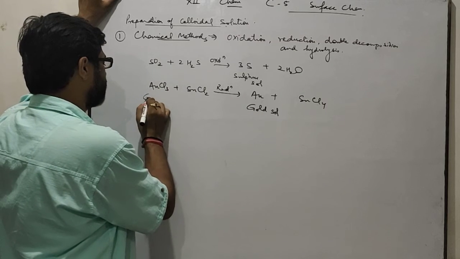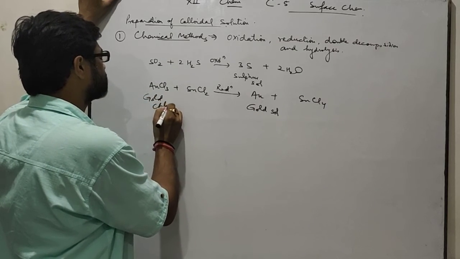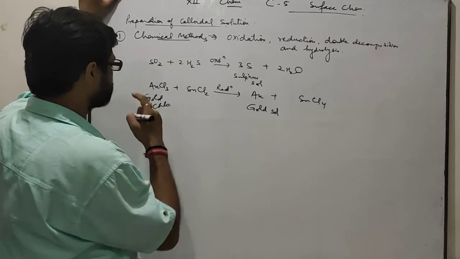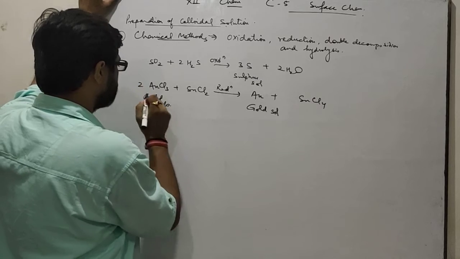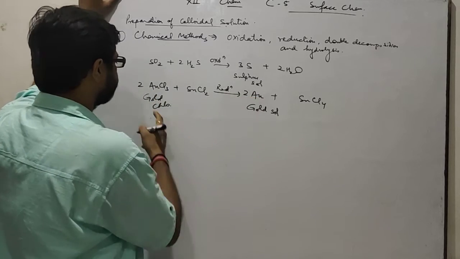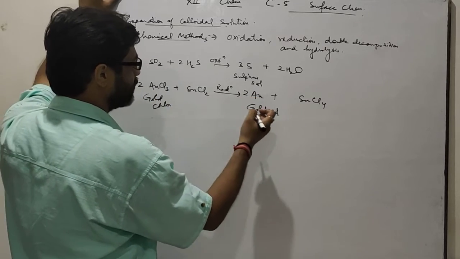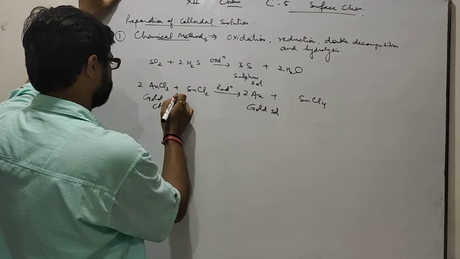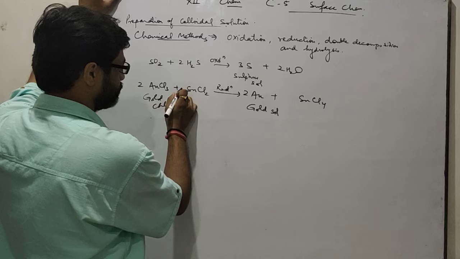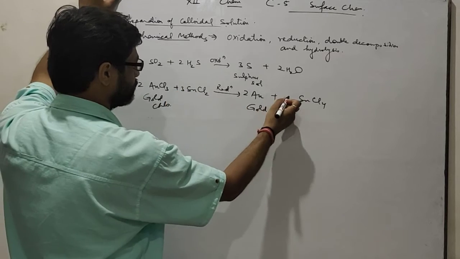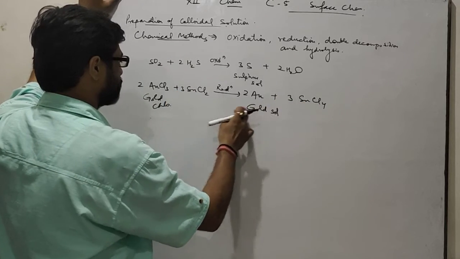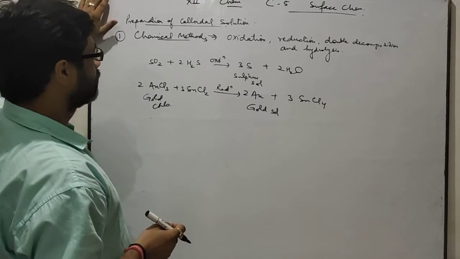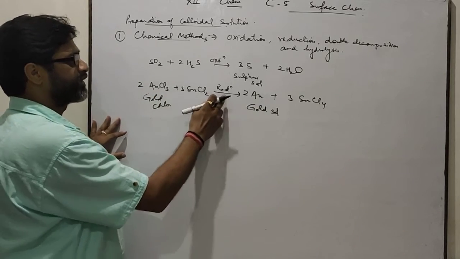This one is gold chloride and this one is gold sol. On balancing, this reaction becomes 2AuCl3 plus 3SnCl2. Okay. This is the method of reduction.